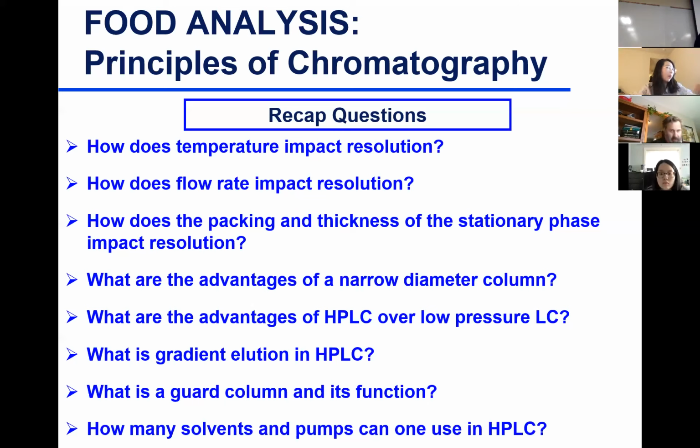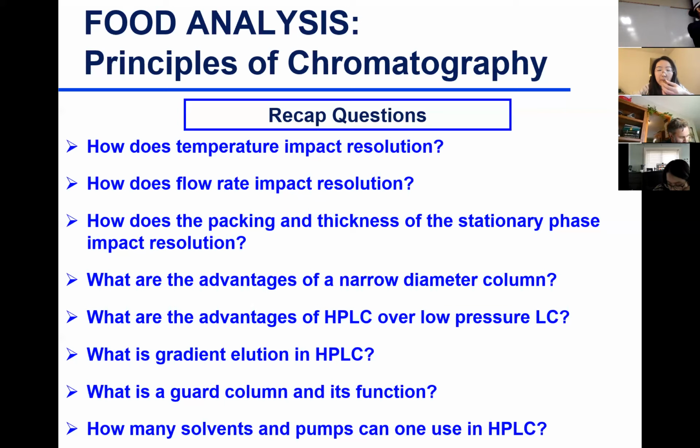How many solvents and pumps can one use in HPLC? Two, I see two here. Maybe three or four. So you can have up to four really. Sometimes you have one pump and you can have two, three, or four solvents, but one pump is pumping them all.